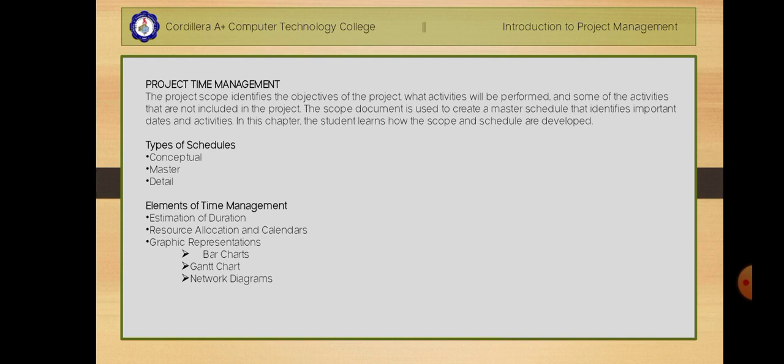Portions of the master schedule may also be sent to particular vendors so they can provide the detailed activities that they would perform. Okay? So those are the 3 types of schedules.